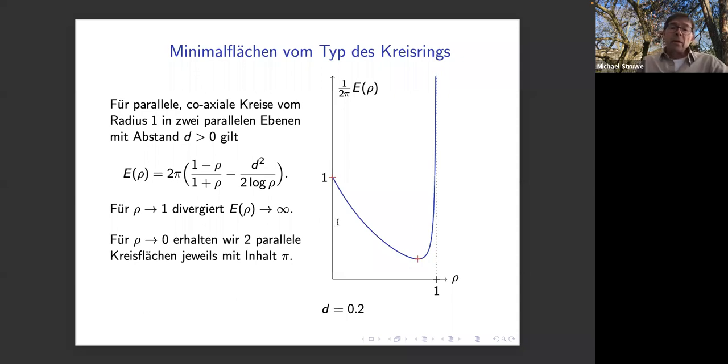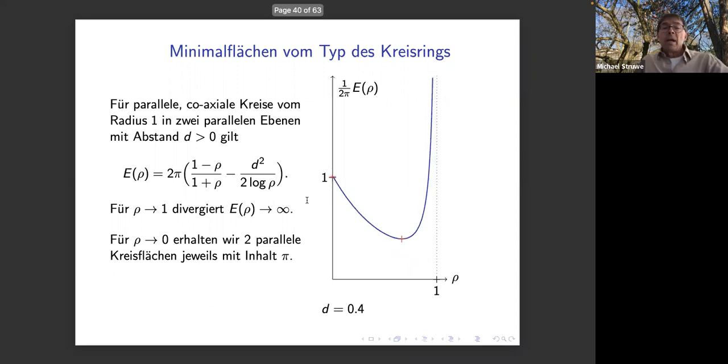So this is the graph where I scale the energy with 1 over 2 pi, so that we start at 1 here. This is the graph of the function f of rho for small separation distance d. Then, as we increase the distance, you see that this relative maximum indicated by a red cross on the graph now becomes visible.